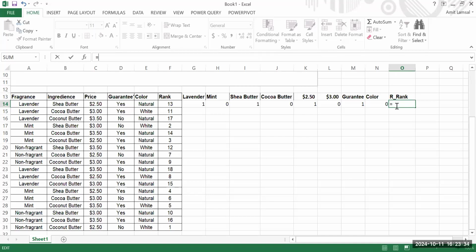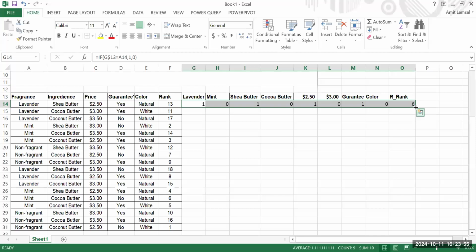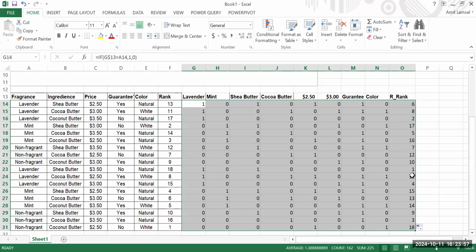So our highest rank is 18. 18 plus 1 is 19 minus 13. So we will get the reverse rank of the lavender, having ingredient of shea butter and price 250 with guarantee yes, and having a natural color. It will be 6. So you just need to copy all of this and give it down there.